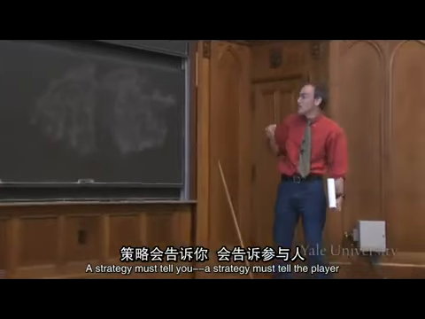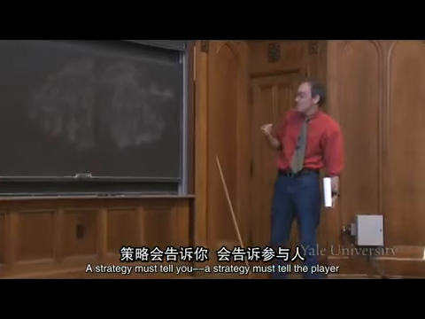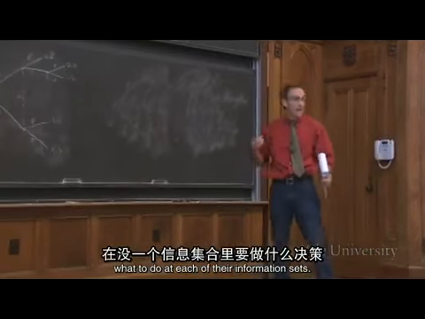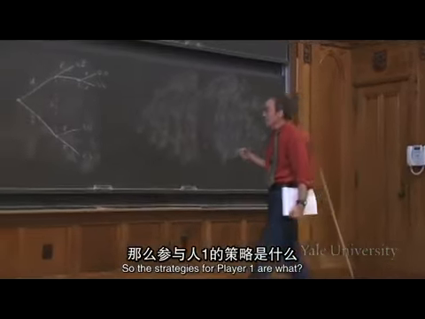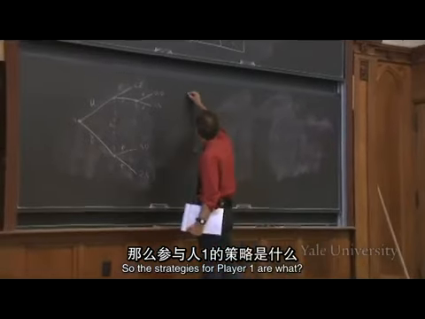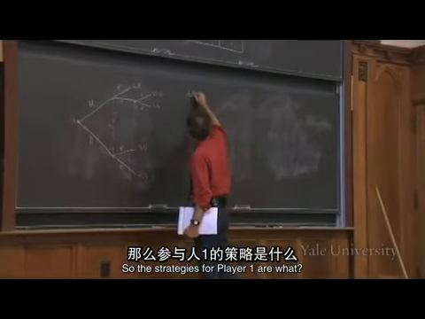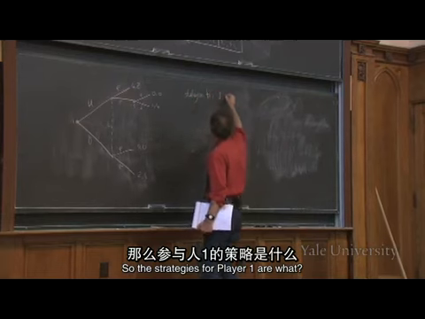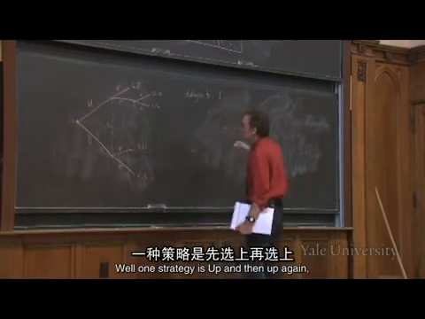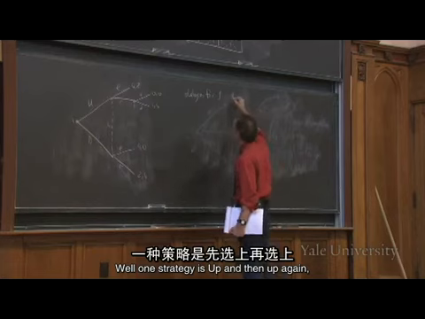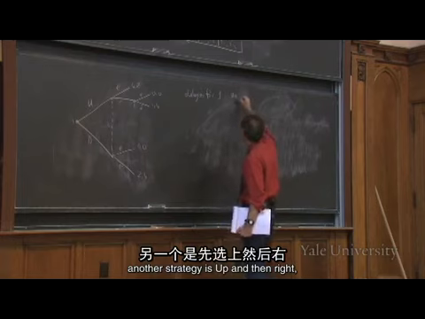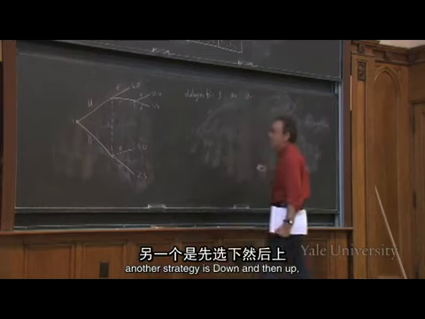This information set at the beginning of the game, and then potentially this second information set further down the tree. A strategy must tell the player what to do at each of their information sets. So the strategies for player 1 are what? Well, one strategy is up and then up again. Another strategy is up and then right.